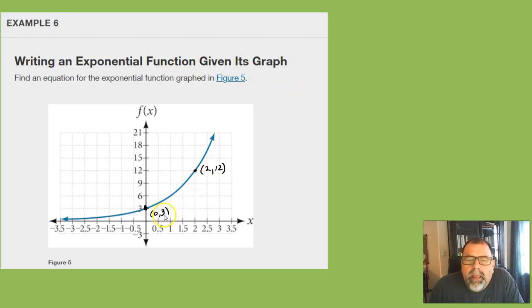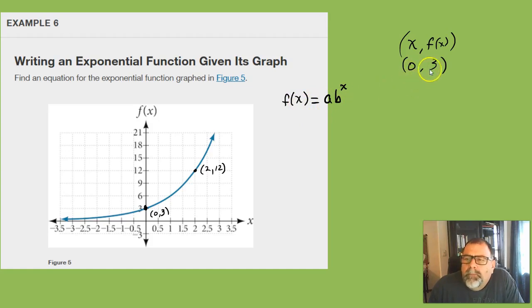So again, we have f of x is equal to a times b to the x. And remember our points are x, f of x, x, y. So if it's 0, 3, it's the same technique.